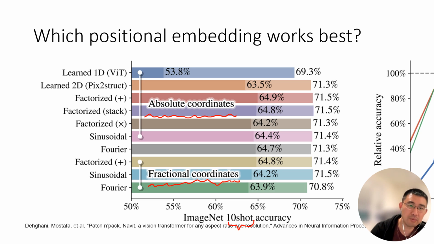And they added one Fourier method. The Fourier method is basically a little bit like the sinusoidal encoding we've seen in the traditional transformers, but with the coefficients to be learned. I think this is first used in NERF papers.